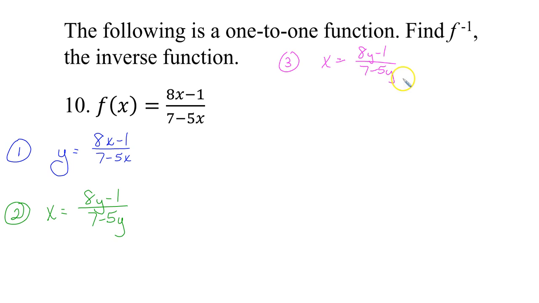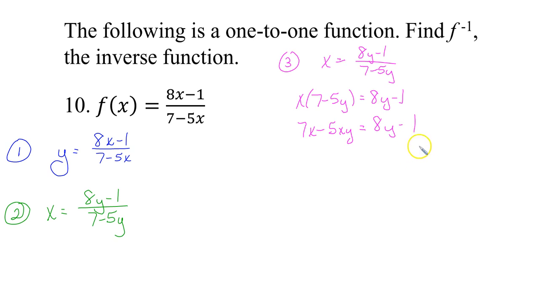We're going to multiply both sides by this denominator. So I'm going to have x times 7 minus 5y is equal to 8y minus 1. I'll go ahead and distribute this. So 7x minus 5xy is equal to 8y minus 1.